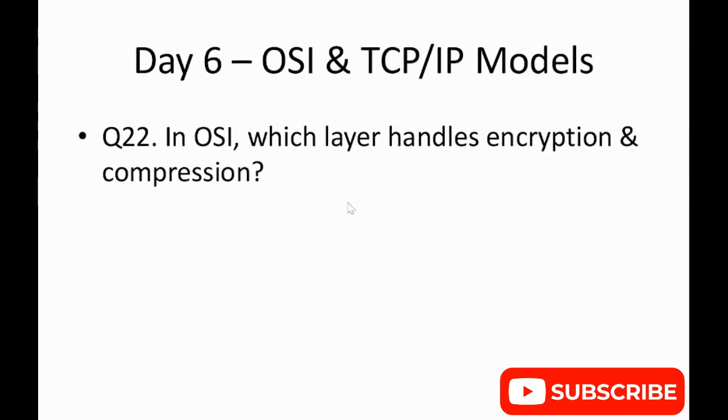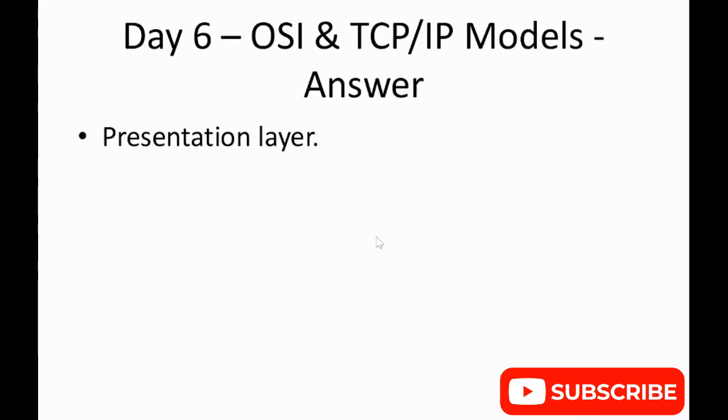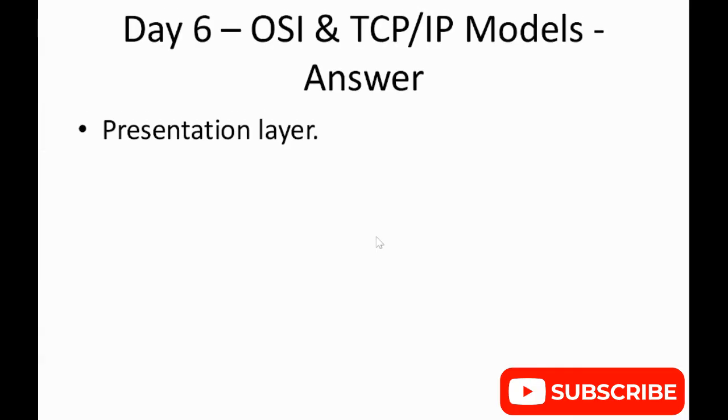In OSI, which layer handles encryption and compression? The presentation layer will be the answer. It handles the encryption and compression, like in a WhatsApp message, your message will be end-to-end encrypted. So this will be done by the presentation layer.